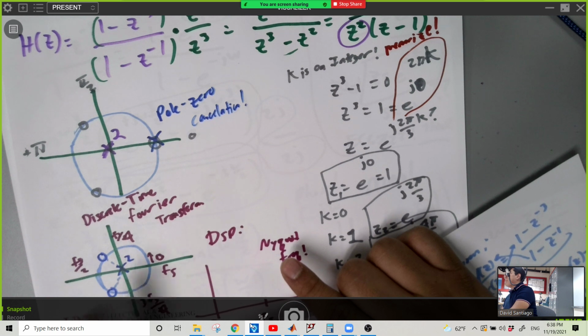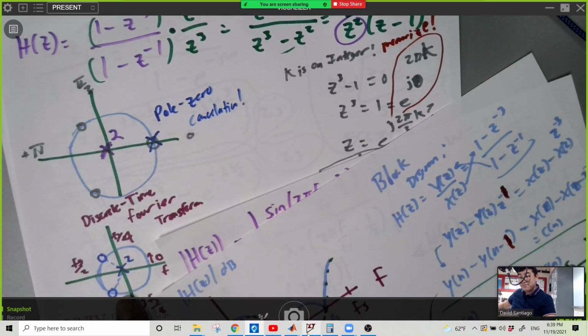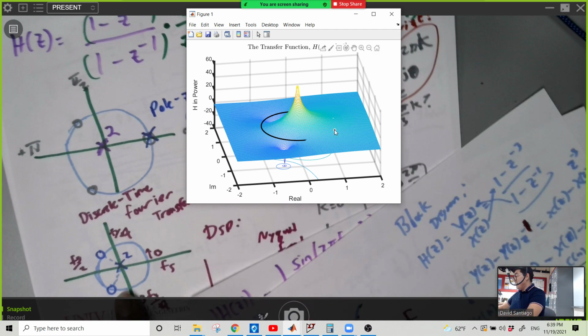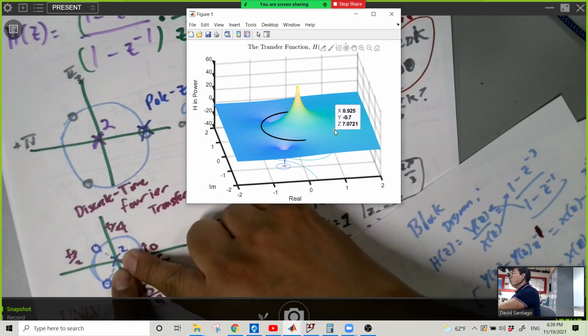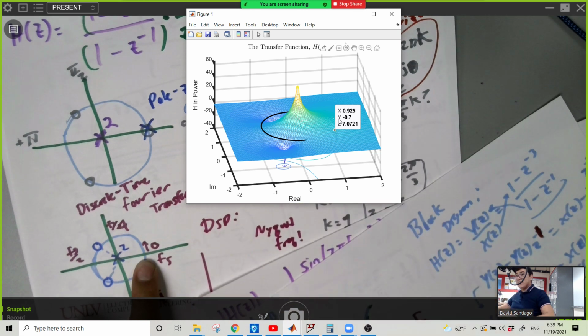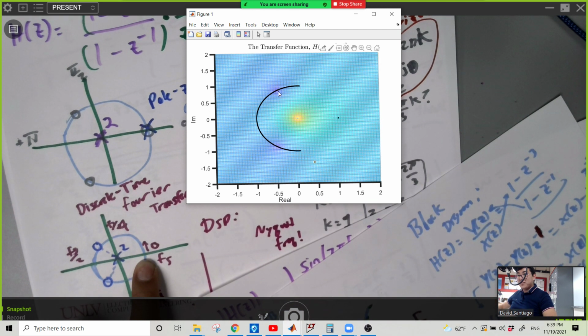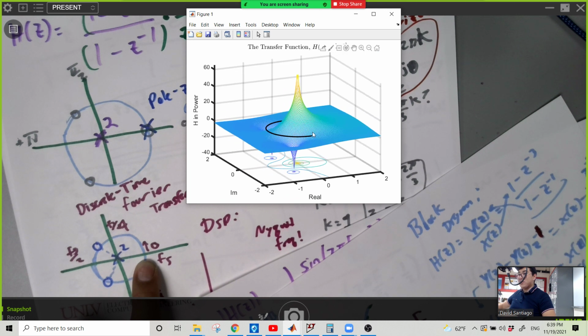Can you prove it in MATLAB? Does that look like it? We have 2 zeros and 2 poles, and nothing at DC. One zero here, one zero there, 2 poles, and nothing there. And this black line I drew is just the unit circle to help you see it.